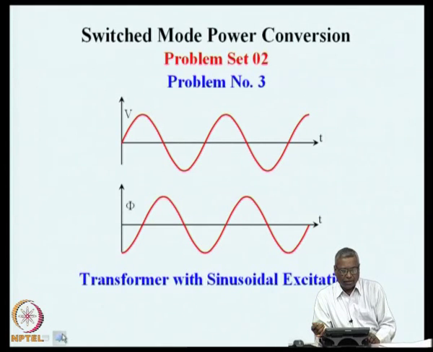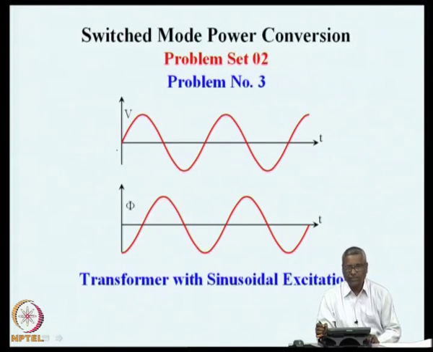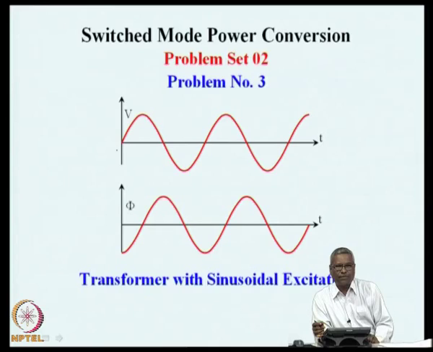But a lot of applications are there where the transformers are excited with a sinusoidal voltage, and in such situations the relationship between the voltage across the winding of the transformer and the size of the transformer is a little different from what we had seen before.